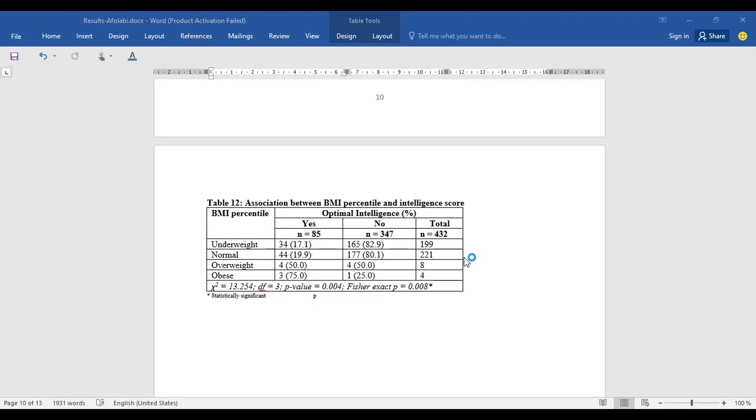So if chi-square is not valid, the alternative is Fisher exact. Chi-square has its own statistic and p-value, but the Fisher exact gives the p-value directly. It's the probability directly. It doesn't have any statistic attached to it. It's the same p-value, it's a p-value also.